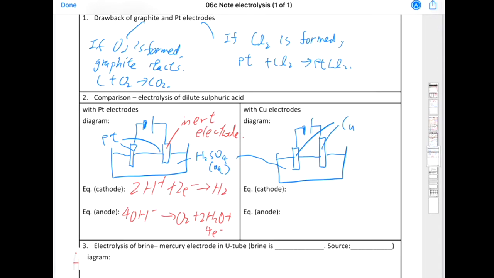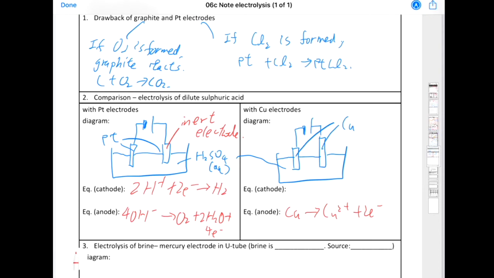And then for the Cu side. Both the RA and OA are Cu and Cu2+, so at the anode, Cu becomes Cu2+ plus 2 electrons, and at the cathode, Cu2+ plus 2 electrons becomes Cu. How about at the very beginning?